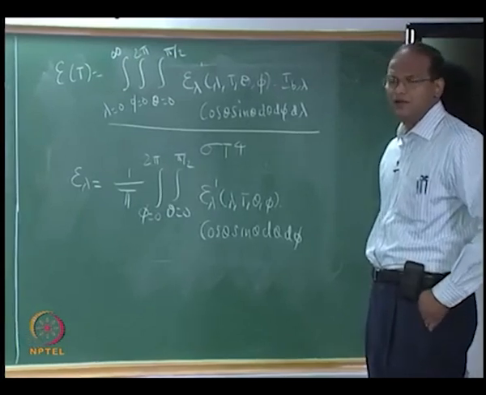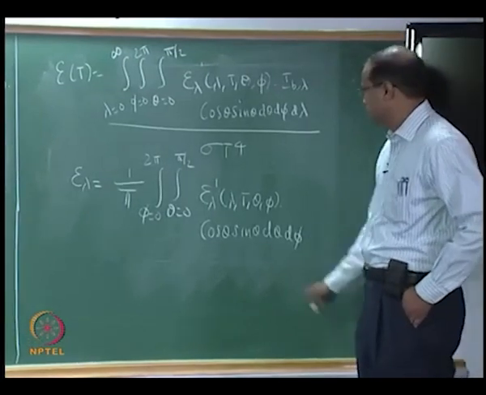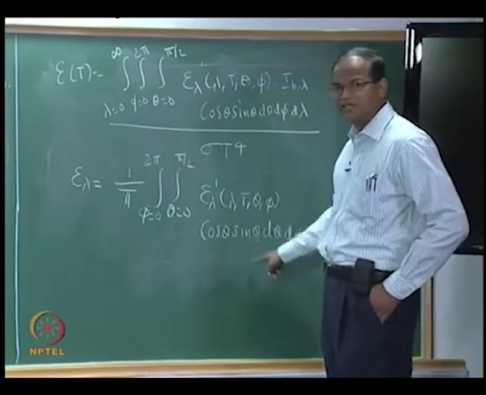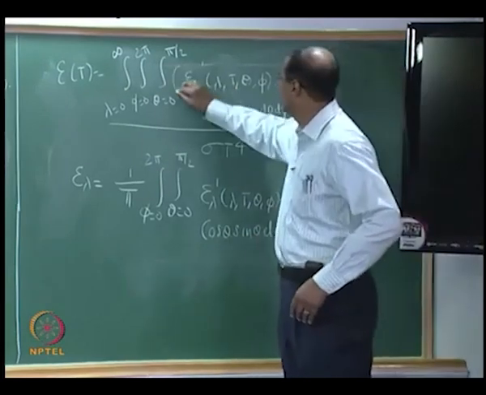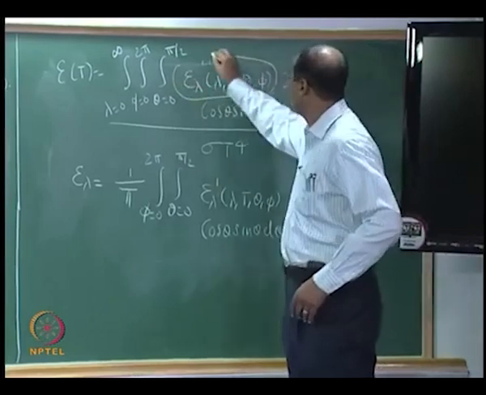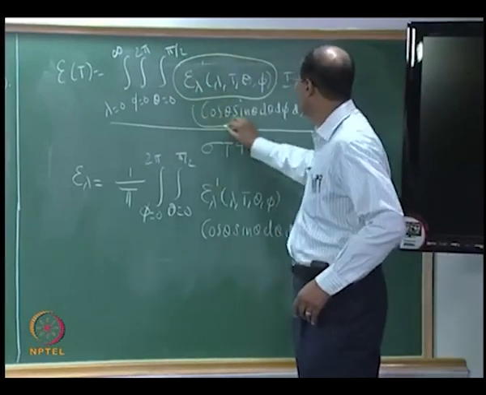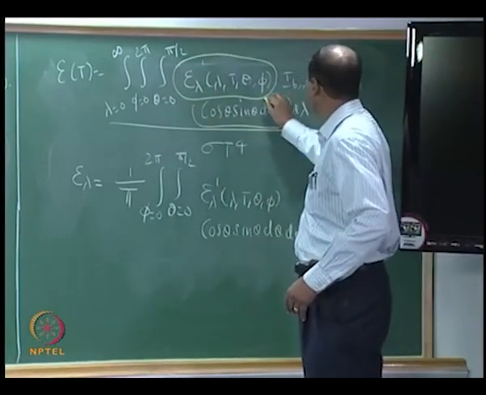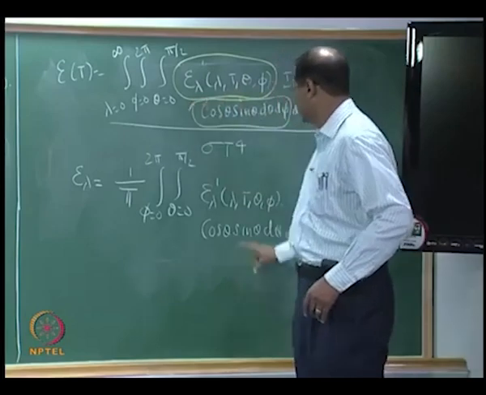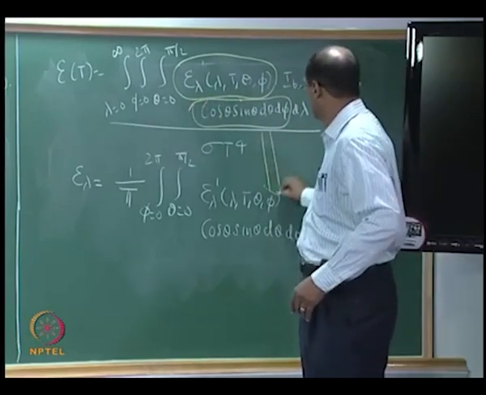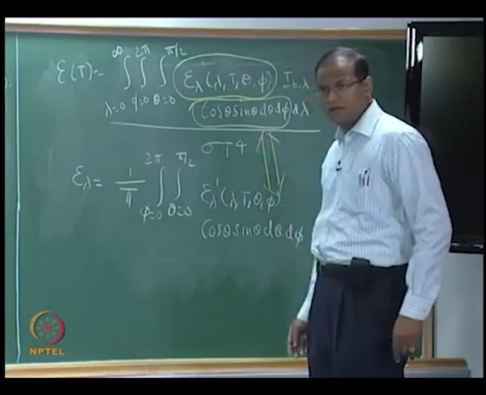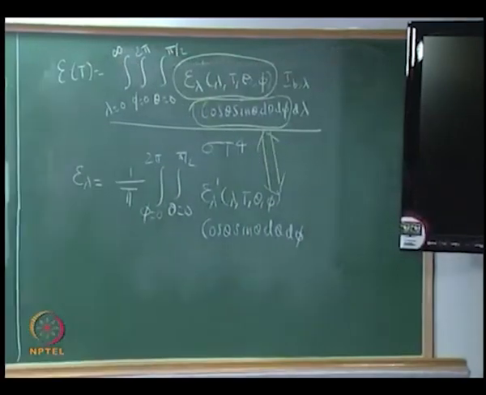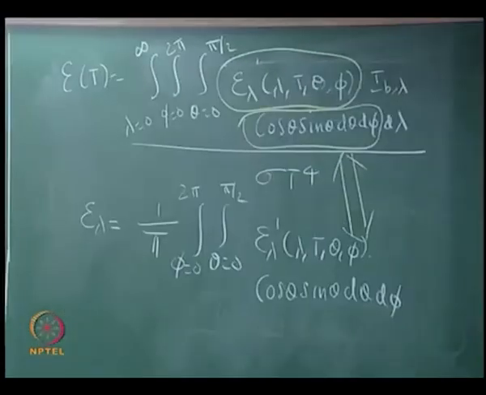All of you please look at the blackboard. Epsilon lambda dash into cos theta sin theta d theta d phi, right? Correct? Yeah? Okay. Now it gives you some idea. Have you taken this? I'll clean this up.